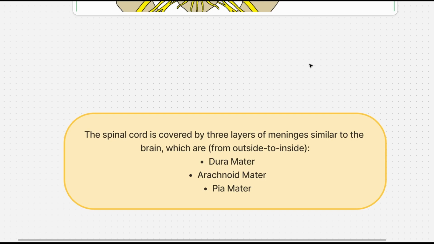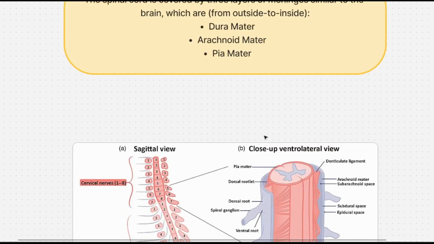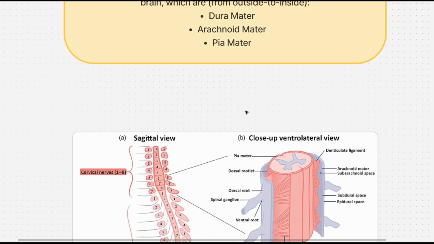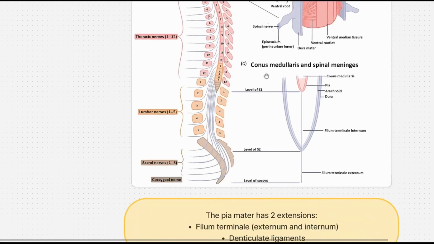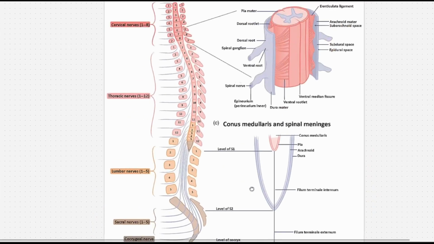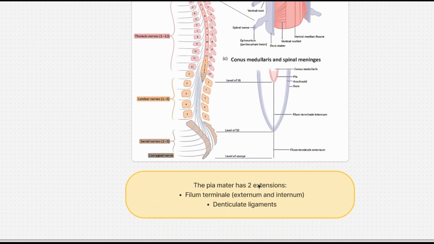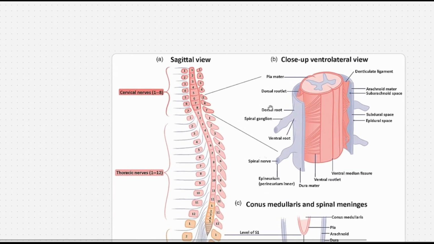So from outside to inside, the outermost layer is the dura mater. Then we have the arachnoid. And then we have the pia. Okay, and this diagram here shows it very clearly. We're going to talk about this in a second, but let's look at this.